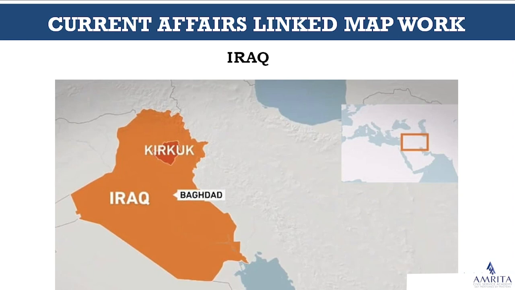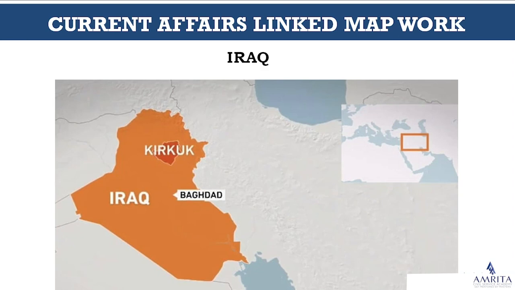US-Iran tensions. Kirkuk is one of the most important places in Iraq that was in news because all the recent tension, and the subsequent killing of the Iranian general triggered from this place, Kirkuk. Kirkuk is a famous place and an Iraqi military base as well.